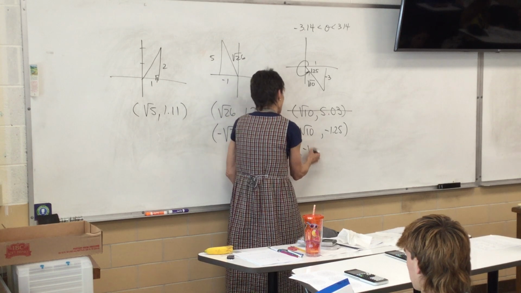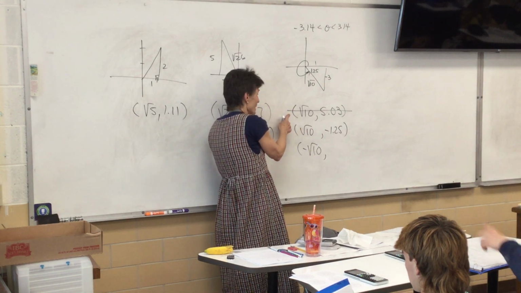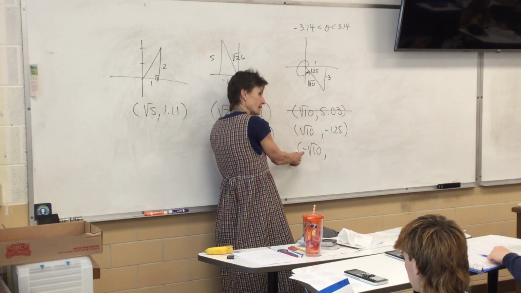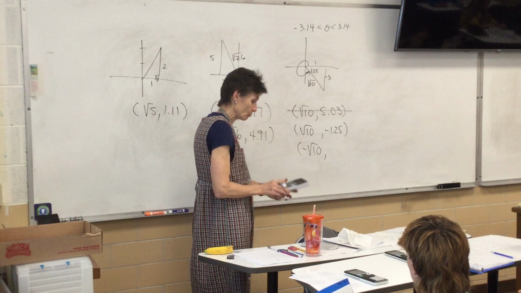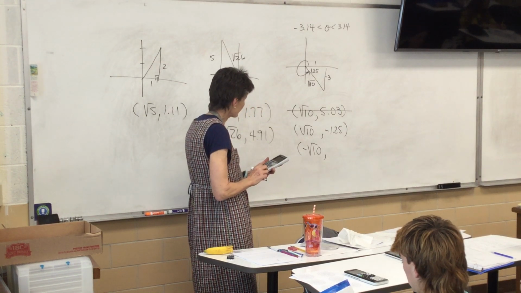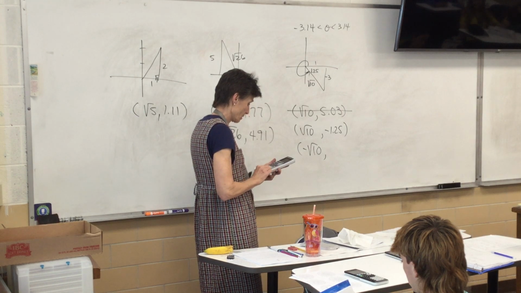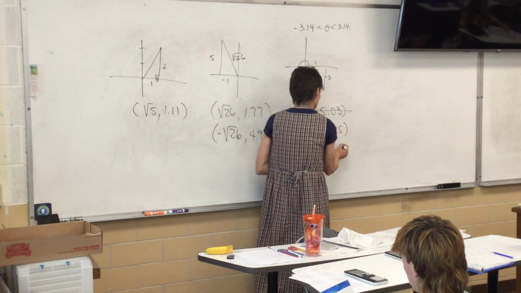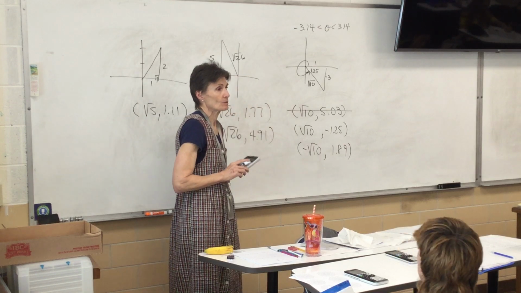So what if I made R negative? Come back up here to this point I crossed out. If I make my R negative, then I'm going to have 5.03 minus pi, 1.89. Does that fit within my parameters?